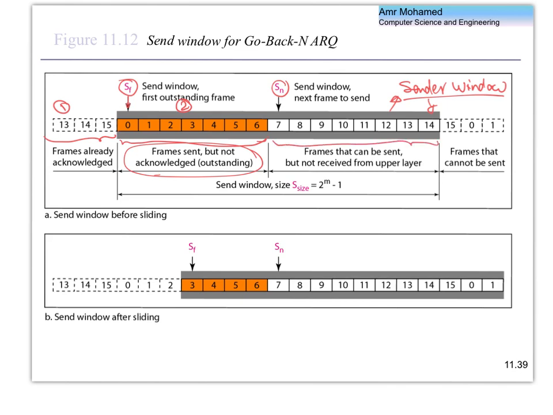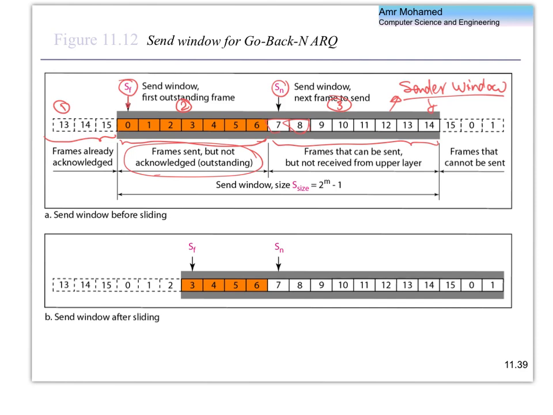The other part of the window contains the frames that I did not send yet, but I can send. If these frames exist, I can send them right away, because I'm allowed to send up to capital N frames without having to wait for acknowledgement. So this is category number 3. So inside the window, I have all the frames I can send. Some frames I already sent, but I'm waiting for acknowledgement.